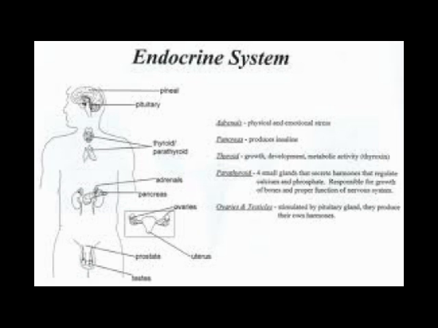The pituitary gland has two portions, the anterior and the posterior. The anterior, according to this illustration, has prolactin, FSH, and LH, meaning follicle stimulating hormone and luteinizing hormone. It's got the ICSH on the next one.